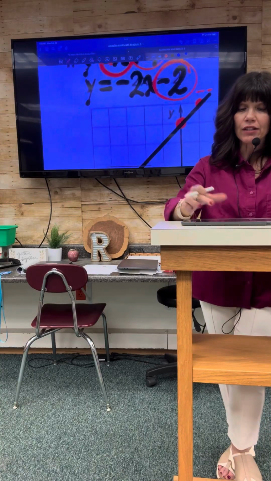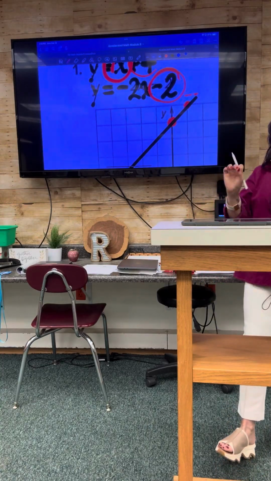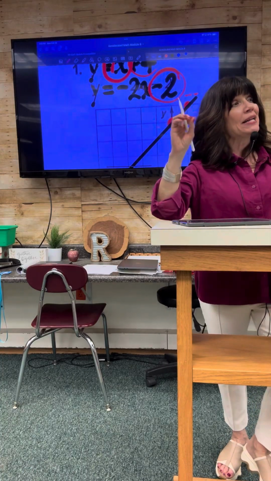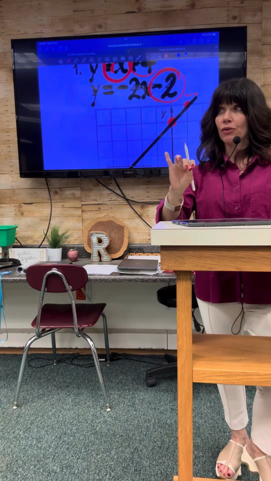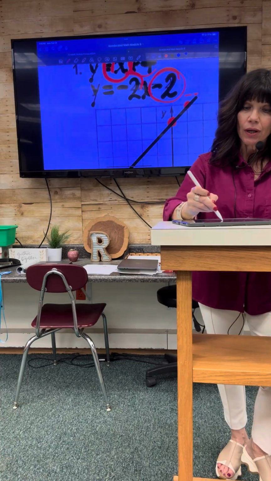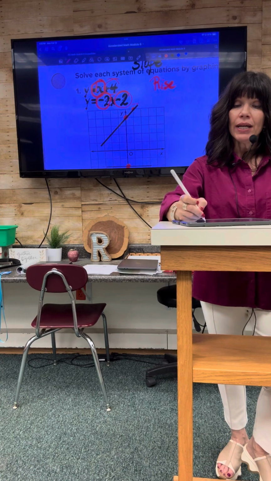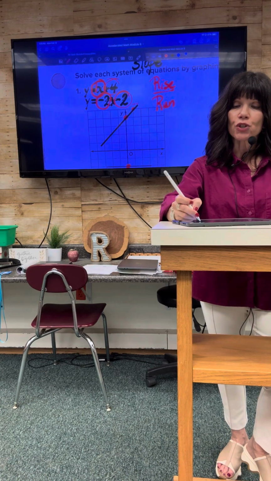And then I need a second plotted point. What can I use in this equation to find my second plotted point? Read it to me now. Okay, and what piece of it? The x or the -2? The -2. Give me a way that I could represent -2 in a rise over run situation.